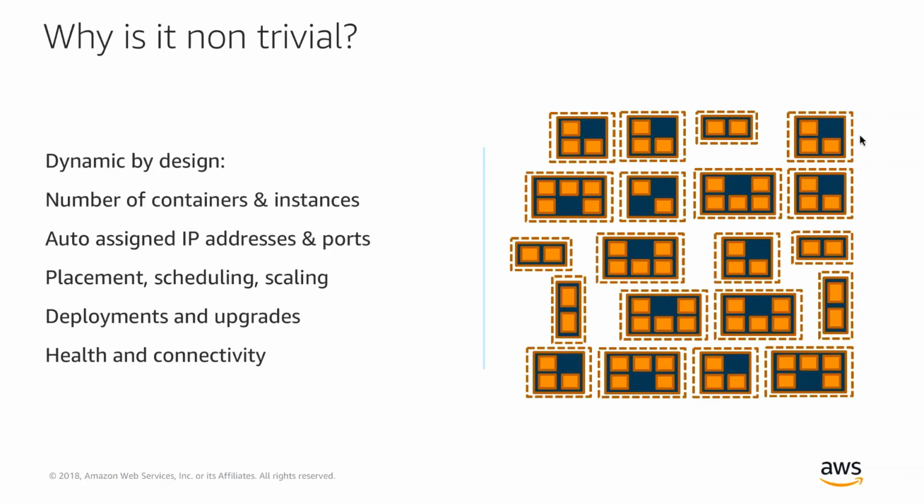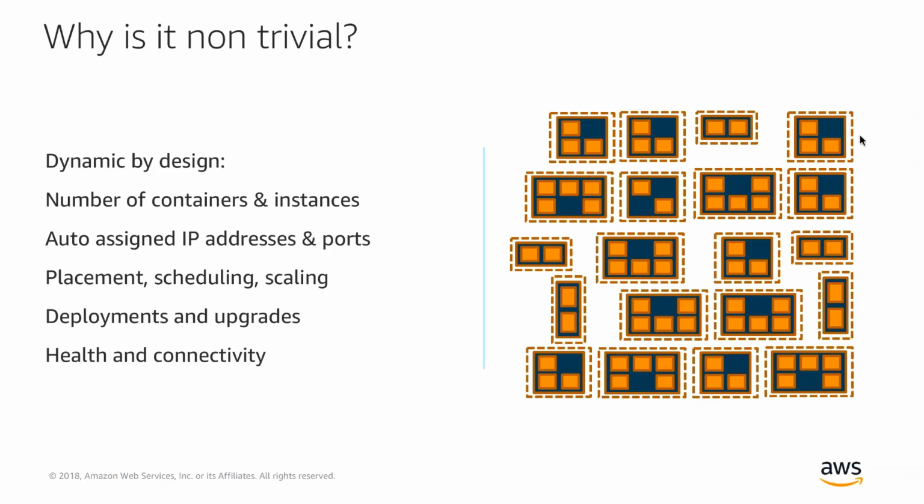So as a particular workload maybe loses the bid on a particular class of spot instance, that workload needs to be moved to a different machine dynamically. And now those IP addresses and ports for that service have completely changed. Additionally, many organizations are now doing blue-green deployments and automatic upgrades in place of their application. And so they want to be able to roll traffic over to a new version of the application automatically.